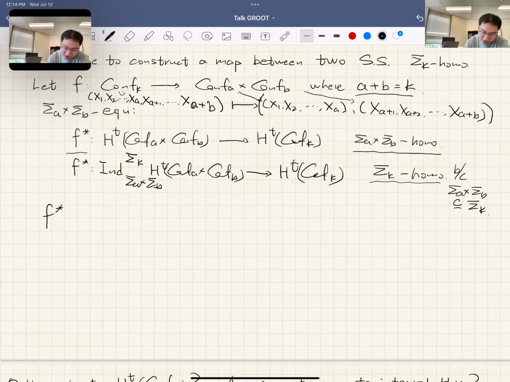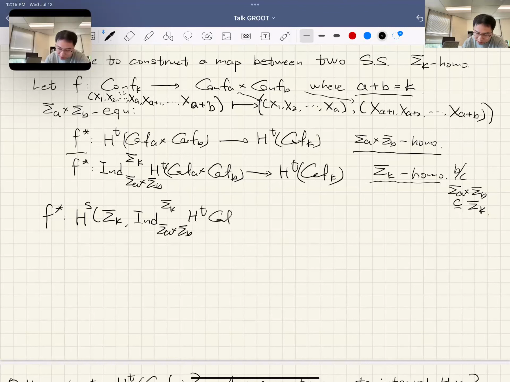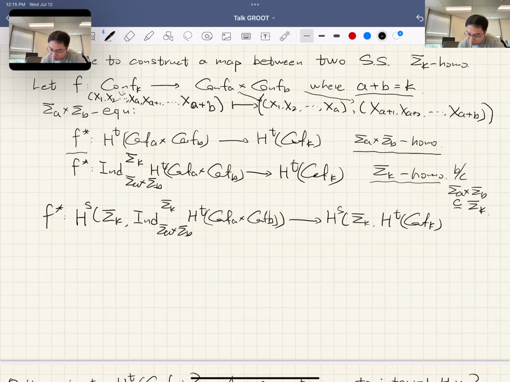We have a new F star, which is H of S of sigma K with the coefficient of induction from sigma A times sigma B to sigma K, HT of comp A times comp B, to HS of sigma K, HT of comp K. So this is a map between two spectral sequences. We can simplify the input a little bit by Shapiro's lemma.